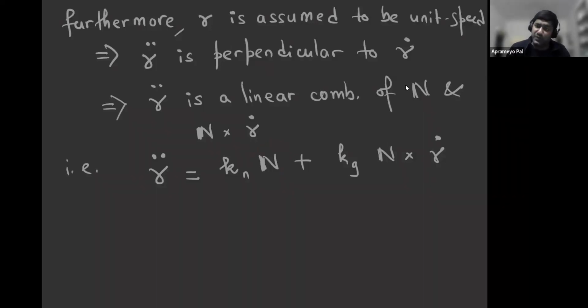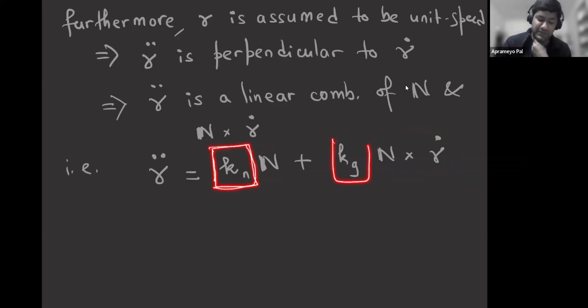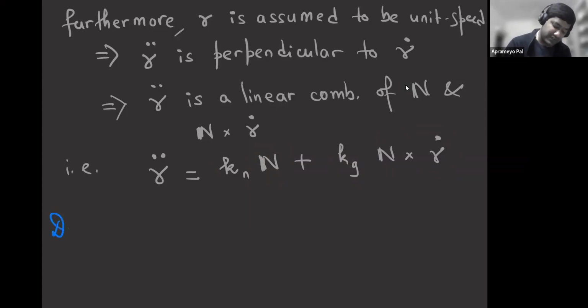This is just from the geometry. It's not much complicated, it's all just by definition. But this is very nice, because now you get a linear combination of gamma dot dot in terms of n and n cross gamma dot, and you get two coefficients, kappa n and kappa g, and I have given the names in this manner because that gives us the next definition.